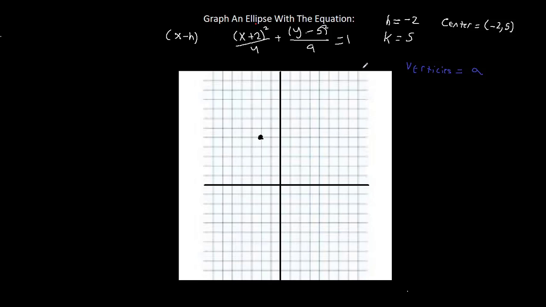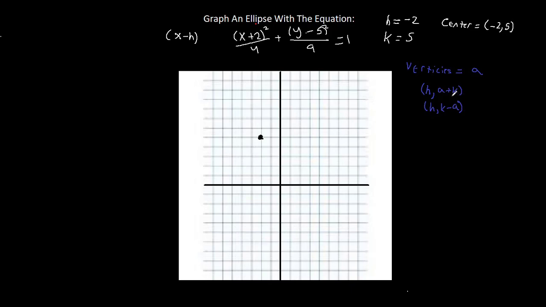And specifically because we are not centered at the origin, because we're shifted from the origin, our vertices have the coordinates h, because they're all going to have the same x, and then for y, it was k plus a, and then h, k minus a.